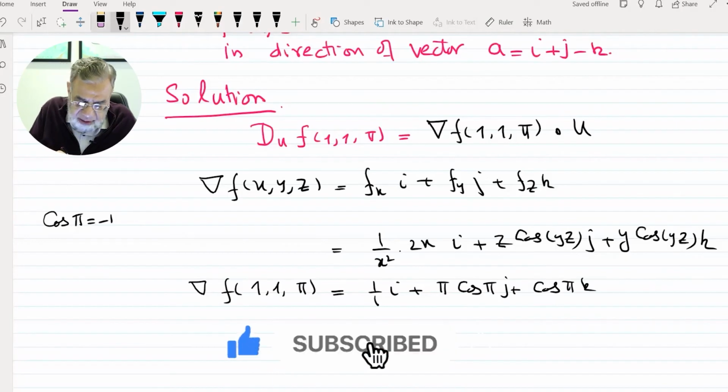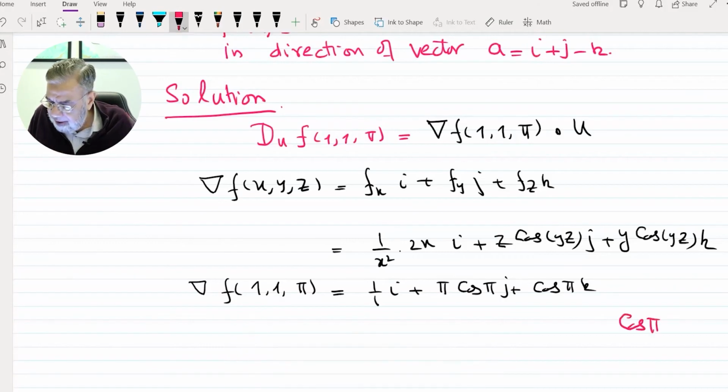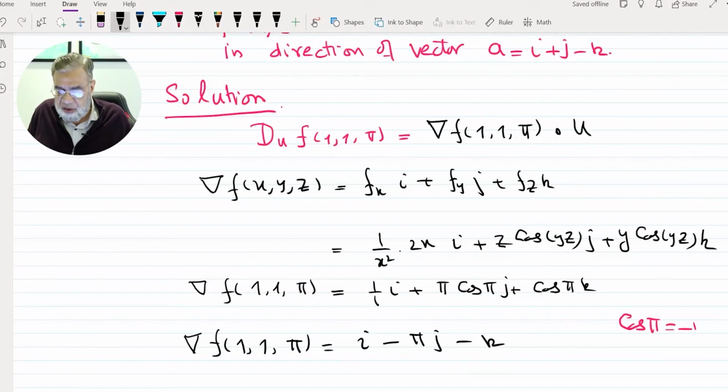As I mentioned, the value of cosine pi is equal to -1. So we get the gradient of the function at the point 1, 1 and pi is equal to i minus pi j minus k.